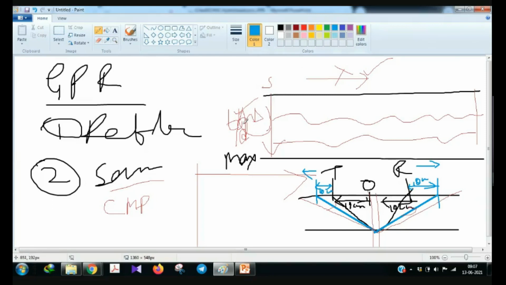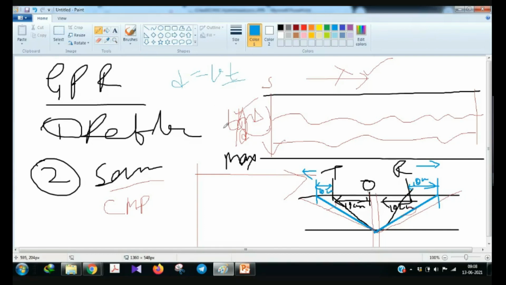The result I have to produce is D. So how do you find D from T? D equals V times T, velocity multiplied by time. That's why velocity is required.